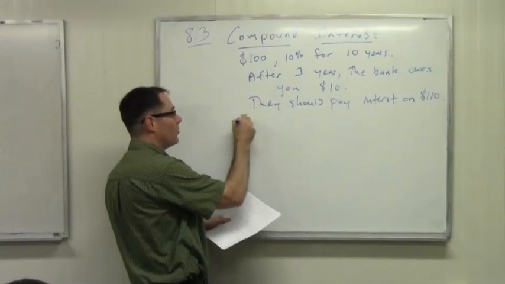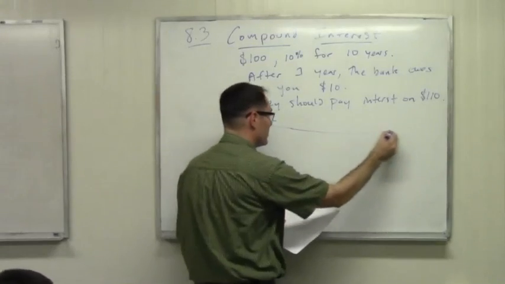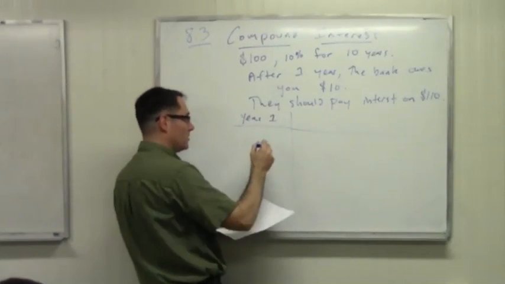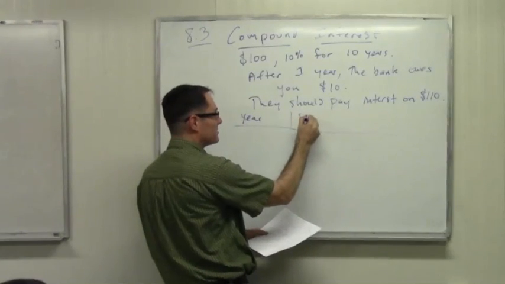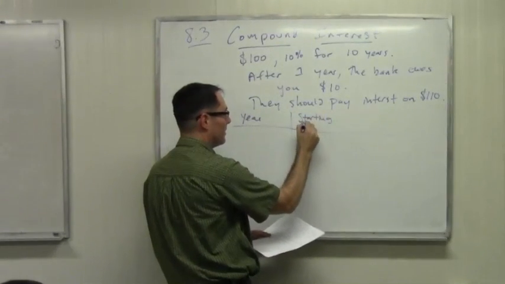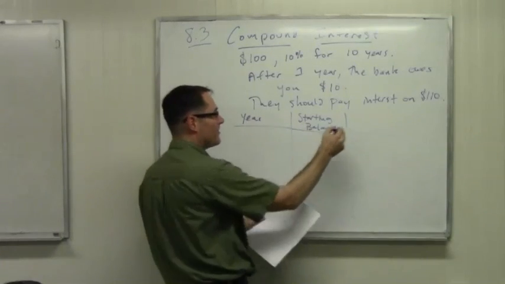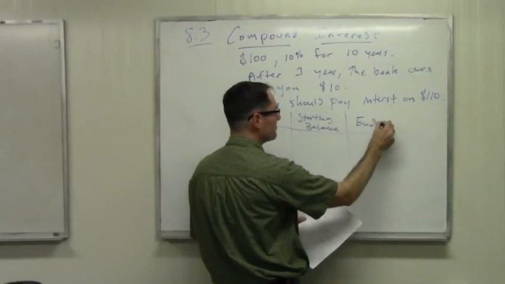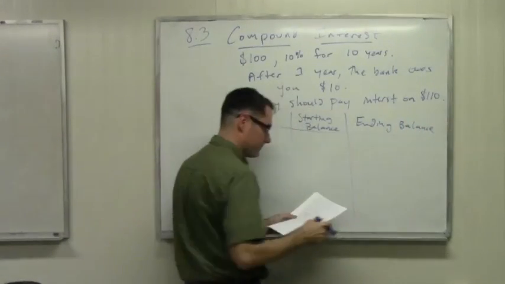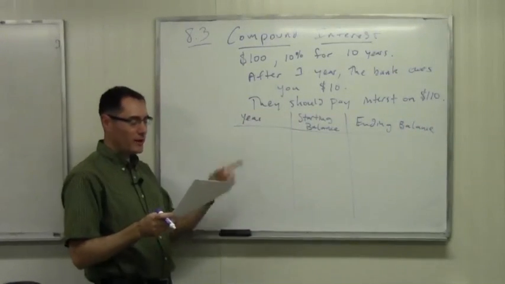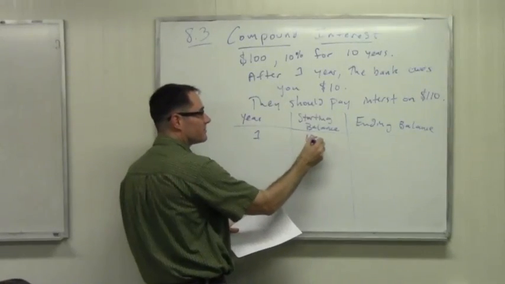Year 1. I'm going to do a little table here. I'm going to do years, I'll just call it year here. And then the starting balance. Sorry, my pen's not so good. And then the ending balance. All right. In year one, your starting balance was $1,000.